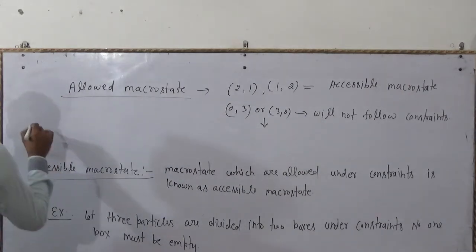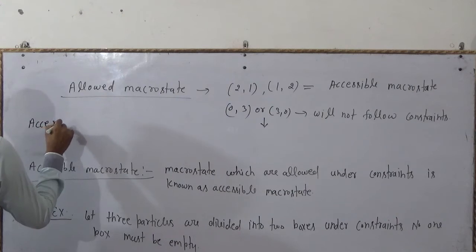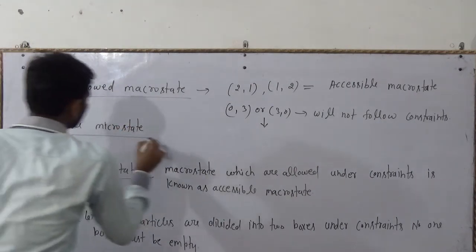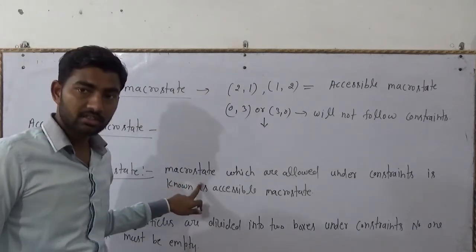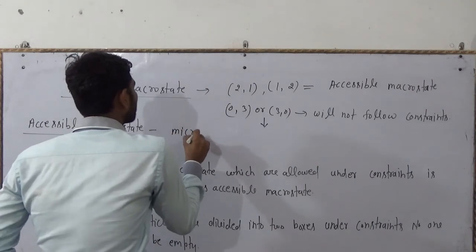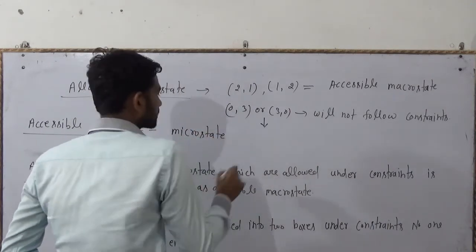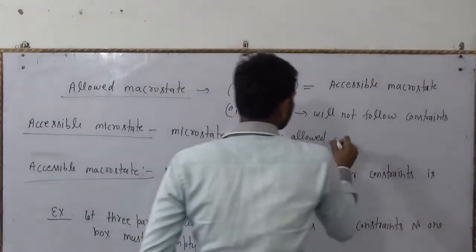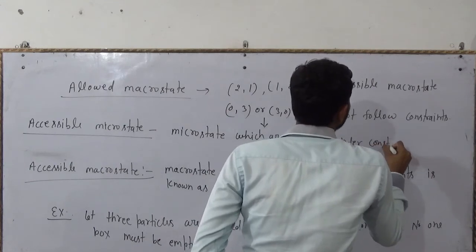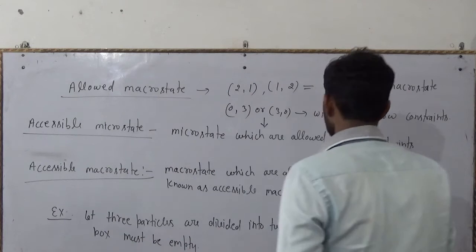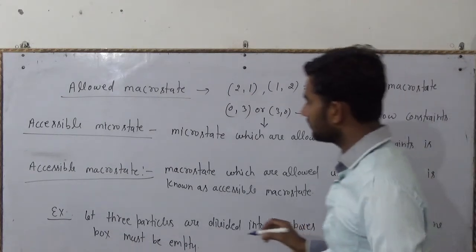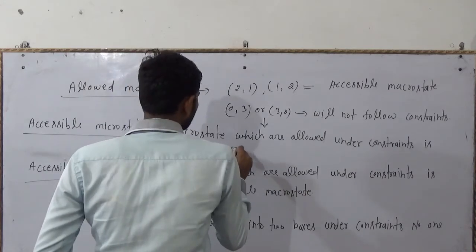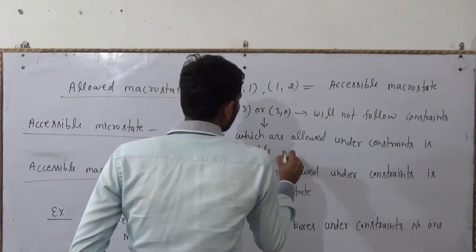If we talk about accessible microstate, then at the place of microstate we write: microstates which are allowed under constraints are known as accessible microstates.